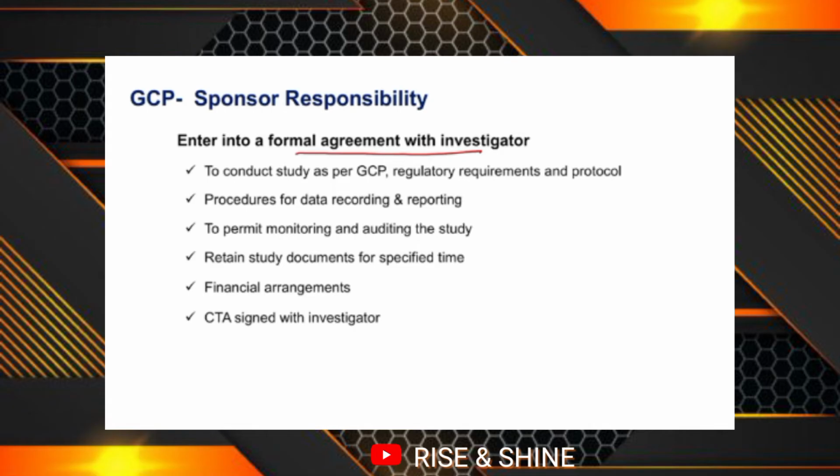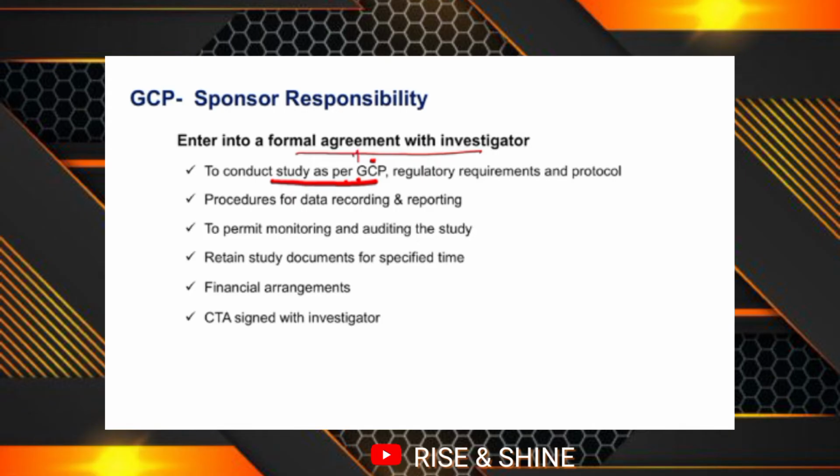And what should this agreement be saying? To conduct a study as per GCP. Look at this, GCP is so important. Sponsor makes an agreement with the investigator that they have to ensure that they are doing the study as per GCP. Tomorrow they can't say that no, we were not informed. They are informed by agreement.